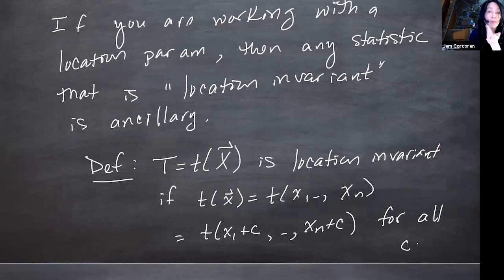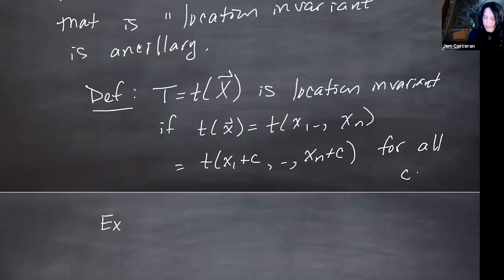It's just saying that if you shift the X's, it doesn't affect the value of the statistic. And an example, again, is the sample variance.